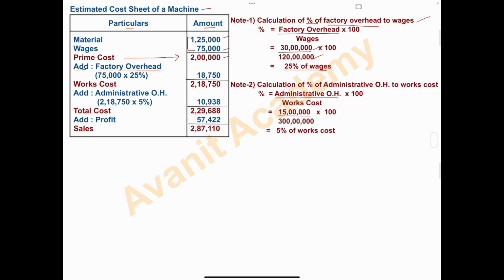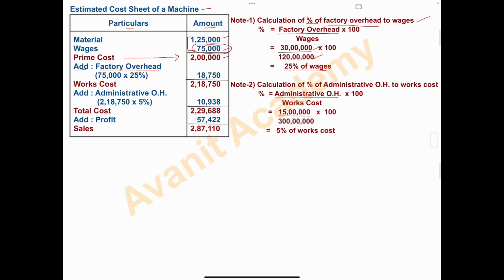Come to this estimated cost sheet part. Right here, add factory overhead. How much factory overhead do we have to charge? 25% of wages. See in the estimated cost sheet, the wages amount is 75,000. So 25% of this 75,000 we have to take as factory overhead.